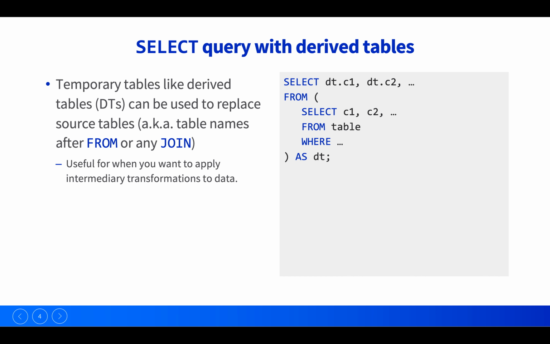And in our case, instead of providing a name for this table, we actually provide another query inside. As you'll notice, the from statement is directly followed by a parenthesis pair, and within that parenthesis pair, we have another select statement: select C1, C2 from an actual database table, and we might apply some where clauses to that. After this select statement, which is the derived table, we provide it with an alias, and we just call that alias dt.